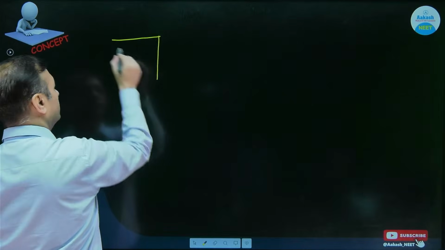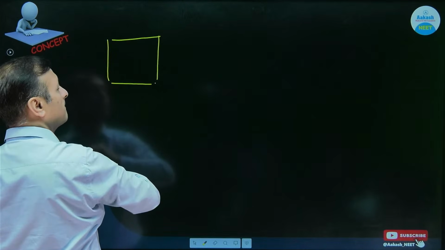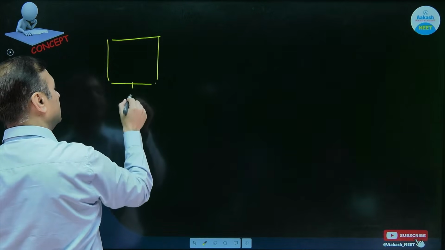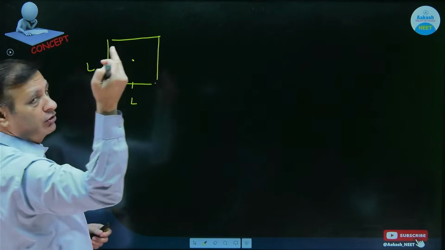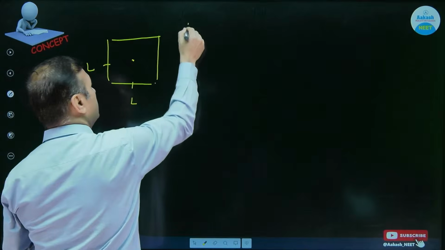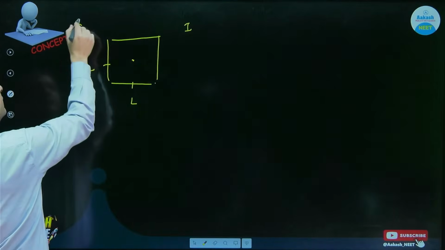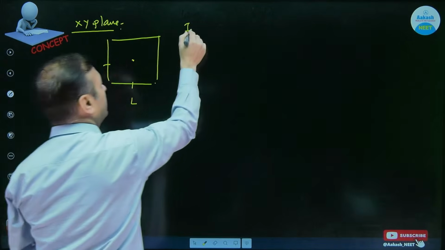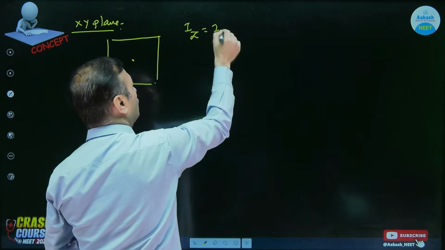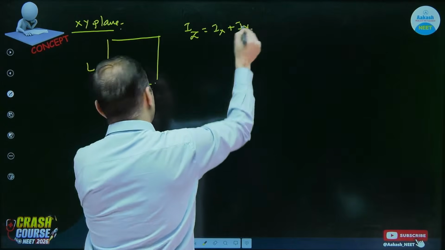So suppose this is your square lamina, and its length is L only, and Iz is perpendicular to its plane. The square is defined in the xy plane, then Iz is equal to Ix plus Iy.